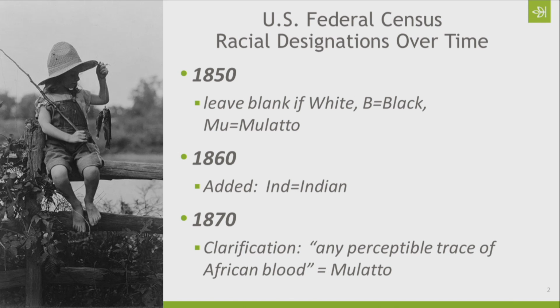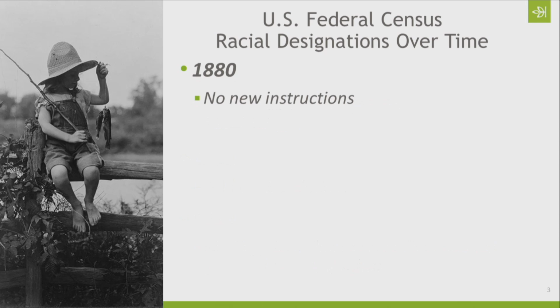And so what we see here is that the 1870 census is the first time that all African Americans living in the United States were enumerated by name in the census. And so this racial designation becomes important. But again, we also start to see, like I said, some of those cultural biases come in. So they're listed as black if they are black, but they are listed as mulatto if there is, as it quotes, any perceptible trace of African blood.